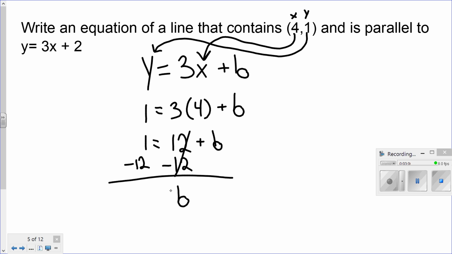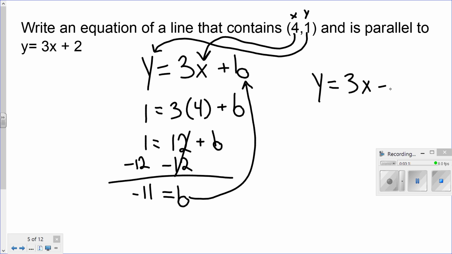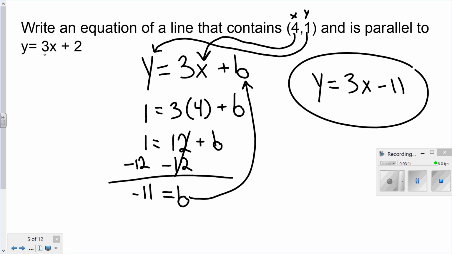So b equals 1 minus 12, which is negative 11. Now I take negative 11 and plug it in for b. My equation is y equals 3x minus 11. And again, notice same slopes, different intercepts.